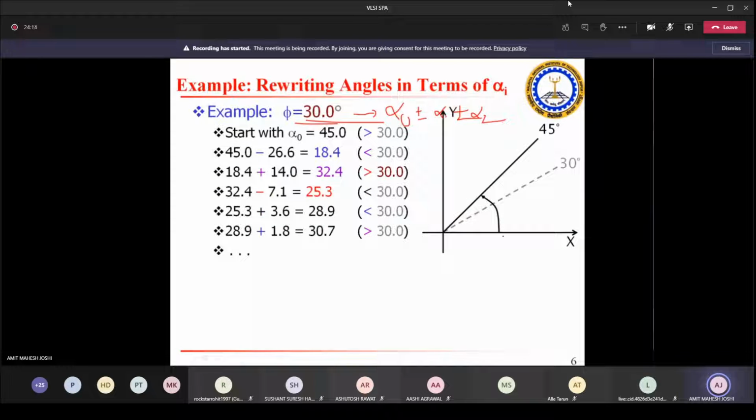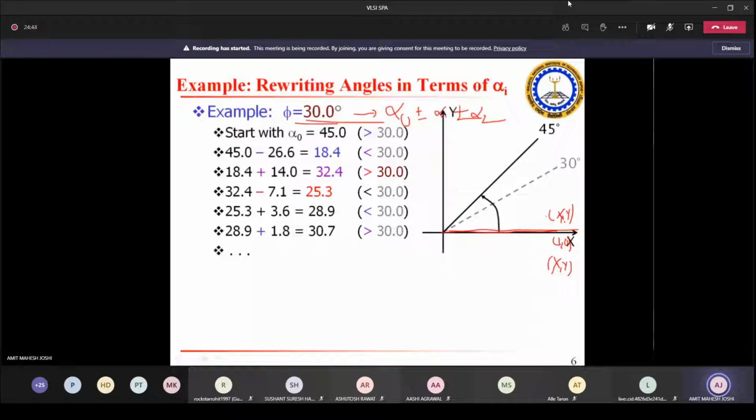Initially I will always start with the x-axis, that means from 1, 0. Why am I starting there? Because the initial value of x and y is known to me. If I start from any point, I am aware of its x, y value, but for the x-axis I know the value.